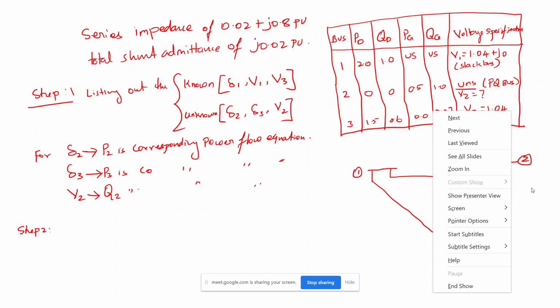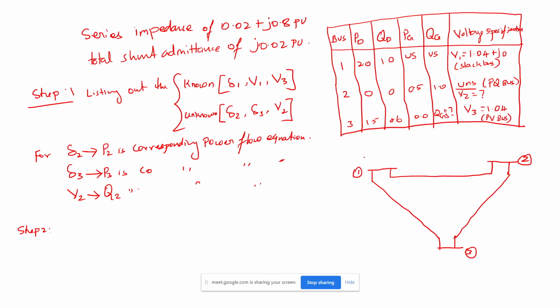3 lines connecting the different buses, and there is a load at bus 1. I will write load like this. For this load the demand is SD1, that is the complex power demand D1, and then there is a generator connected to it, which is the complex power at generator 1, SG1, and the voltage here is V1.